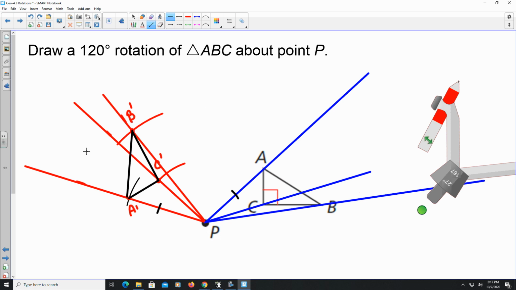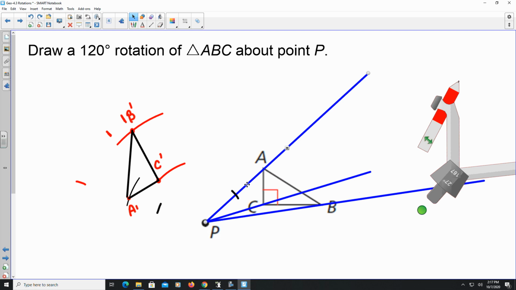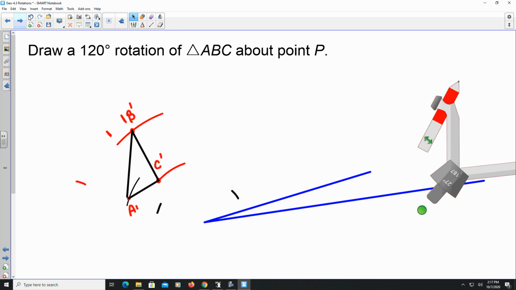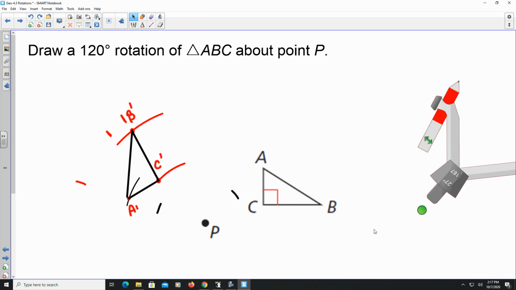And to give you an idea what it looks like, I'm just going to delete these little marks here so you can get an idea. Lost the whole triangle. So this is A prime, B prime, C prime with a 120-degree rotation. So that's how you would draw it.